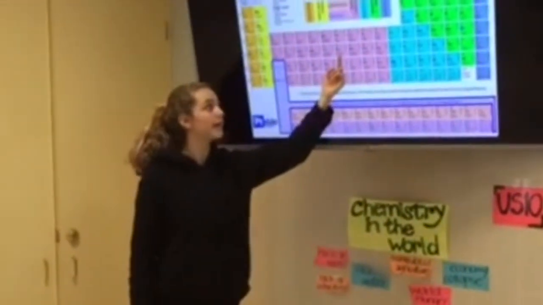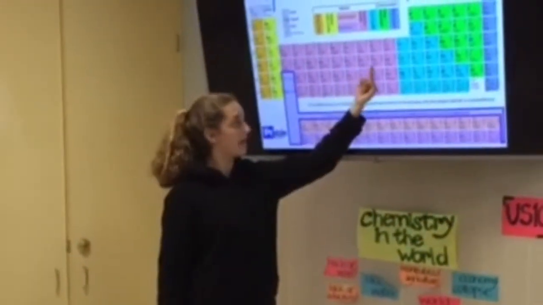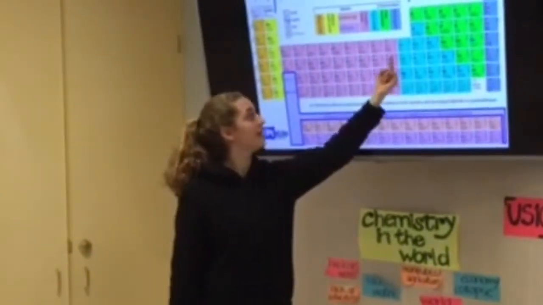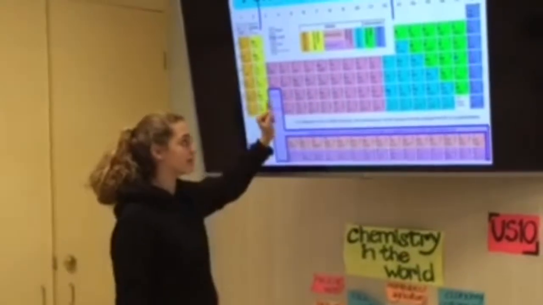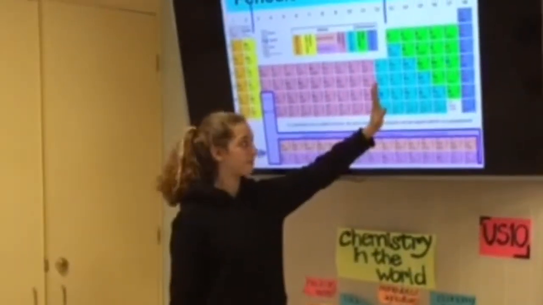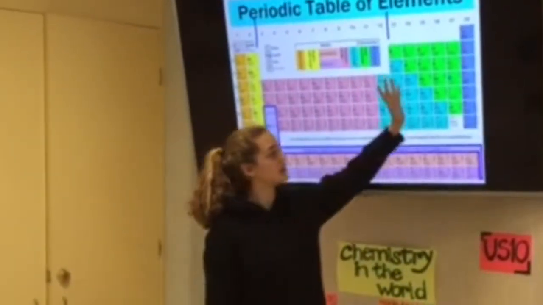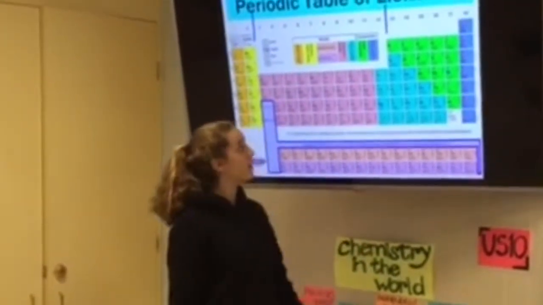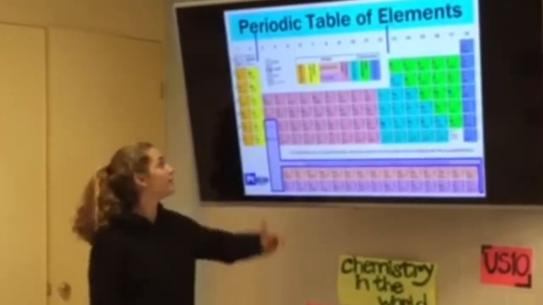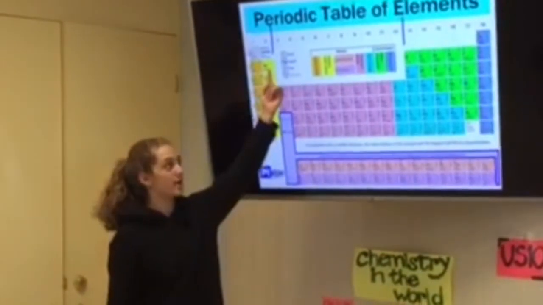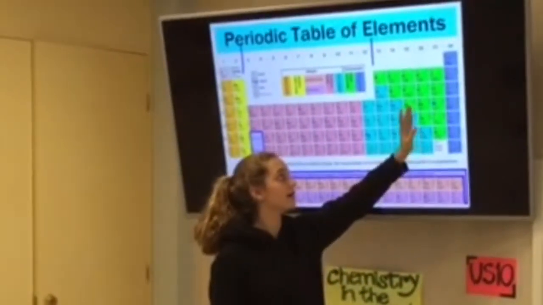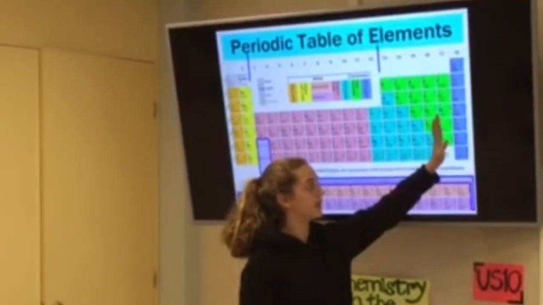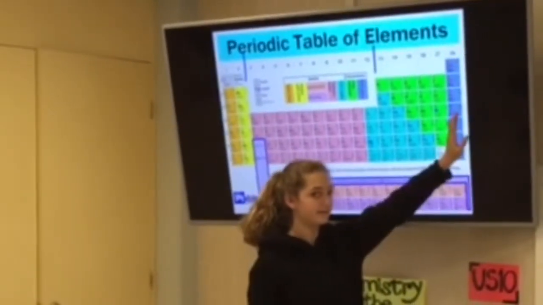Then you repeat again, 8B, 8B, 1B, 2B. And that's why you started here with 3B, because here you ended up with 2B. And then here is again the group A, but you start with 3A, because here you ended up with 2A. So it's 3A, 4A, 5A, 6A, 7A, and 8A.